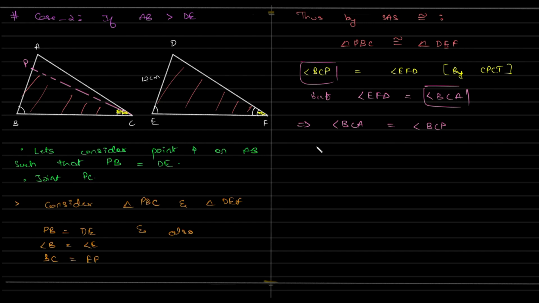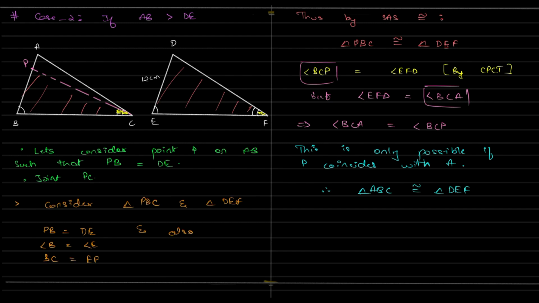This is only possible if P, okay, I'll write it over here, P coincides with A. That is, P and A are one and the same. So basically we are indirectly telling that therefore triangle ABC is congruent to triangle DEF.